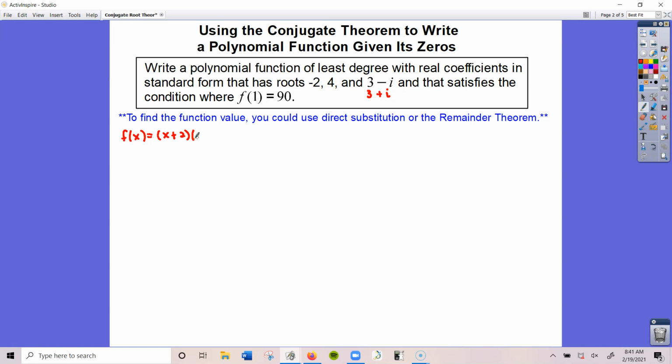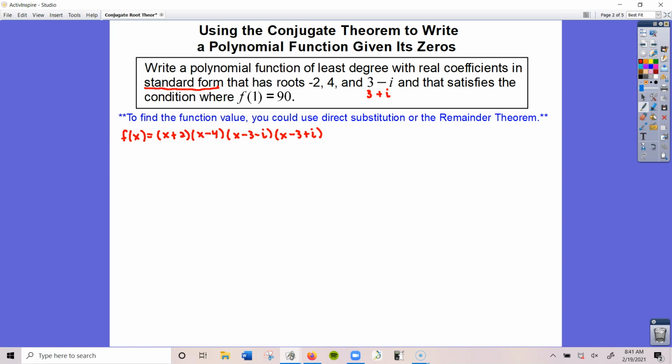Then the other factor would be x minus 4. For 3 minus i and 3 plus i, you can just write x minus 3 minus i and x minus 3 plus i. So this is the linear factorization, but the question is asking to write it in standard form, meaning that we would need to multiply everything out.